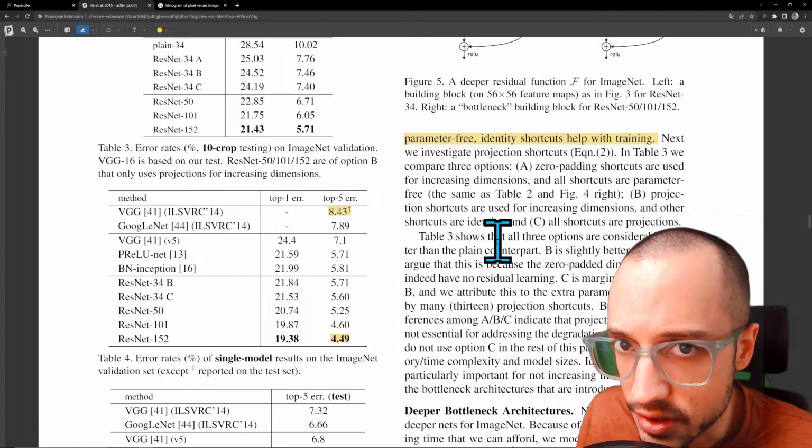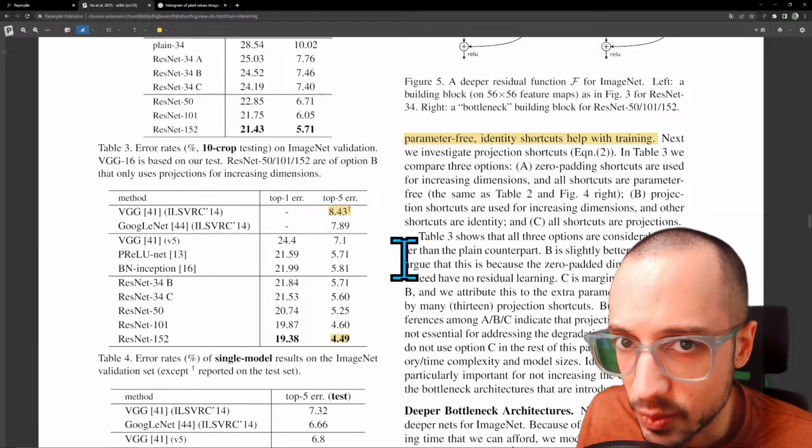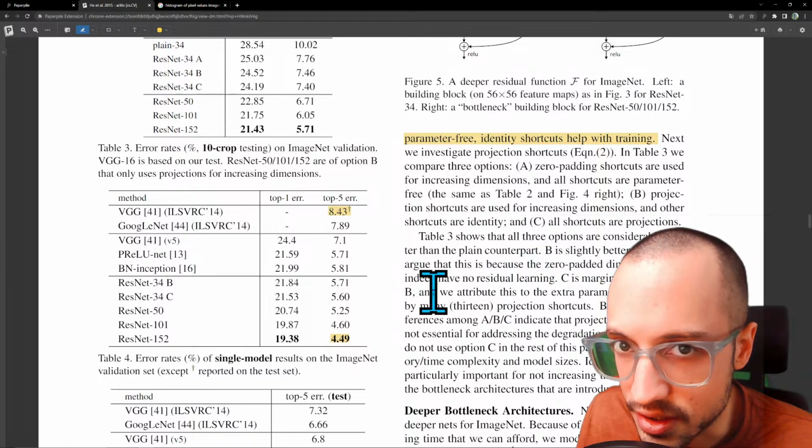All three options are considerably better than the plain counterpart. Projection shortcuts are slightly better than zero padding shortcuts. We argue that this is because the zero padded dimensions in A have no residual learning. C is marginally better than B, and we attribute this to the extra parameter.